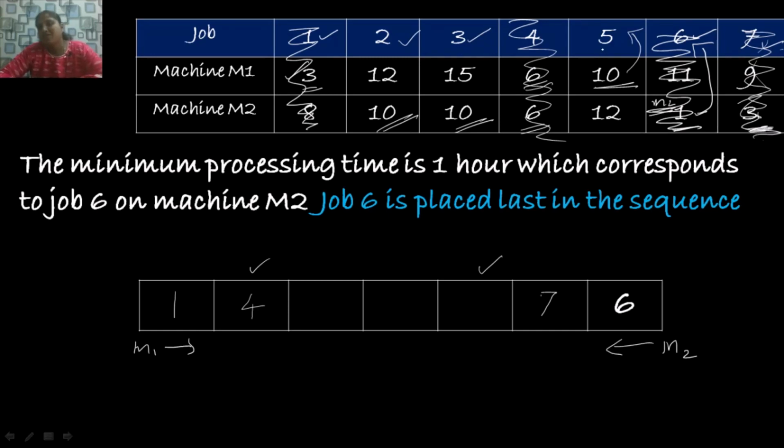Since we have only one value on machine M1 for 10 hours, I place job 5 in the third cell, and you delete this. Here there is a tie between these two.